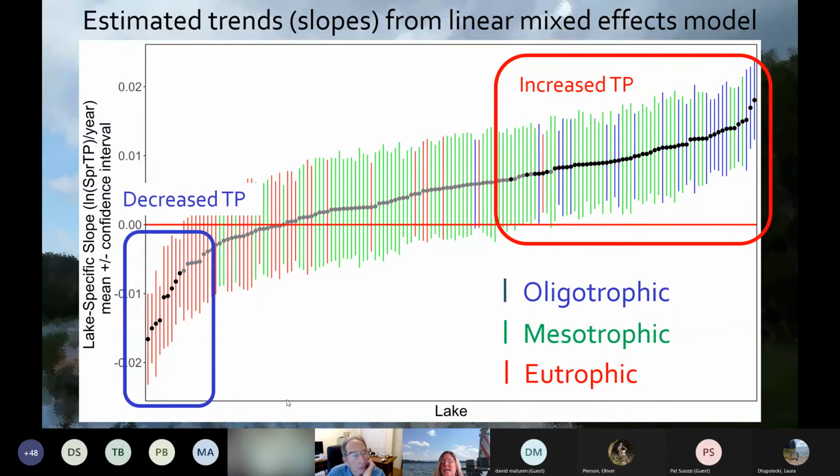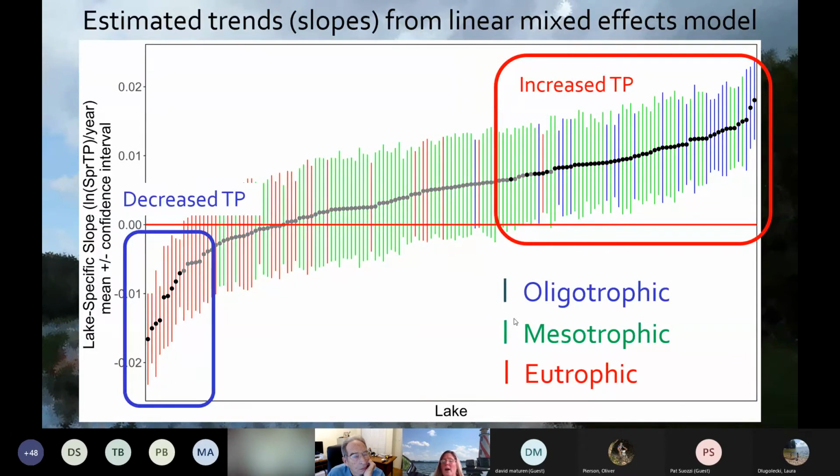The lines are color-coded according to their trophic condition in the 1980s. Blue is for oligotrophic, green for mesotrophic or moderate nutrient lakes, and red for eutrophic or highest nutrient lakes. We estimated that almost all of the oligotrophic lakes in Vermont have increased in total phosphorus over the last 40 years, as well as many of the mesotrophic lakes.